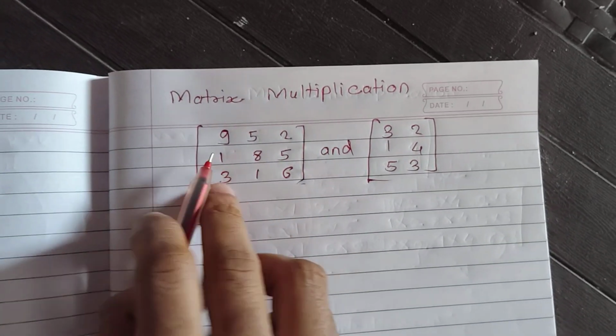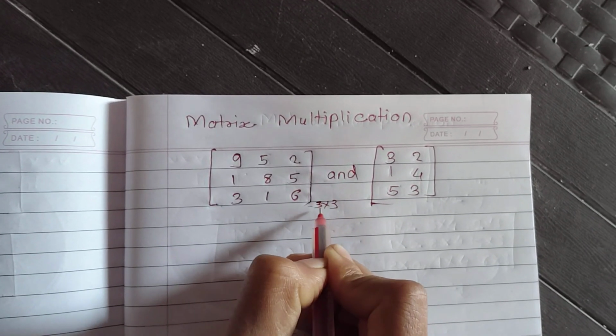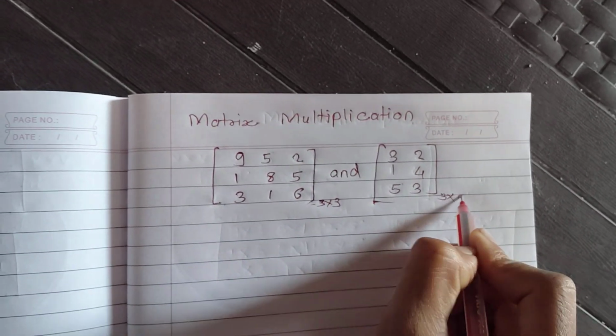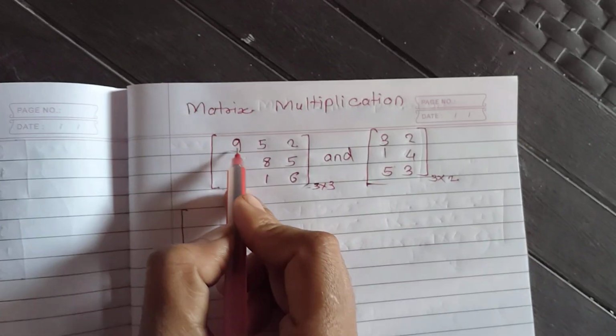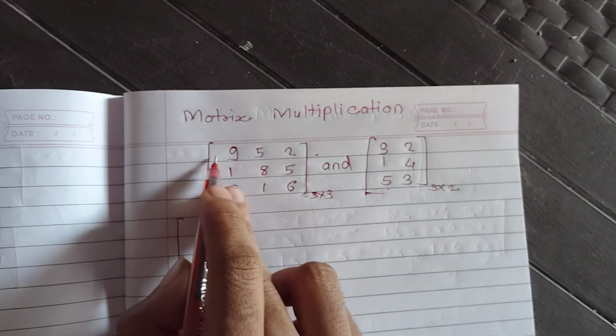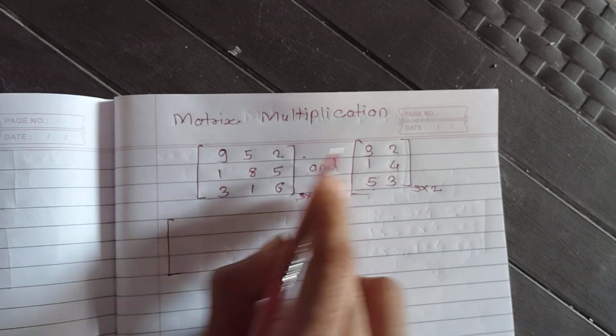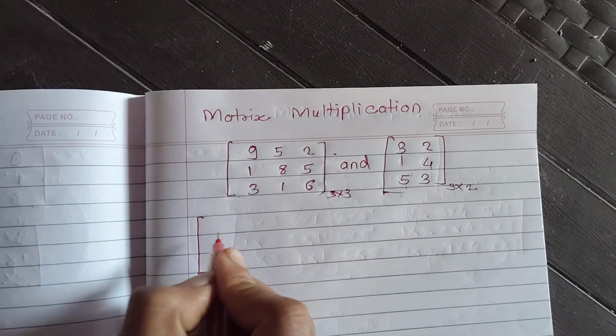So here you can see I have given two matrices, a 3 into 3 matrix first, and the second one is 3 rows and 2 columns. Now let's do the matrix multiplication. So the first row is multiplied by the first column of the second matrix, and again the first row is multiplied by the second column of the second matrix. So let's start.